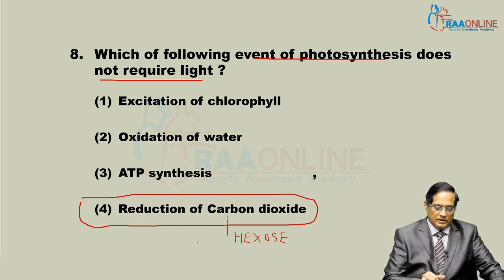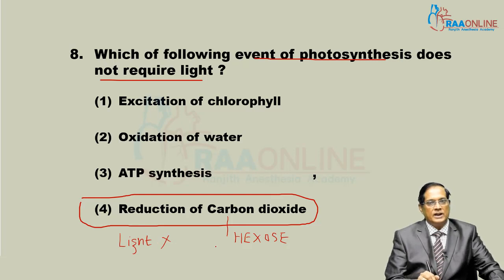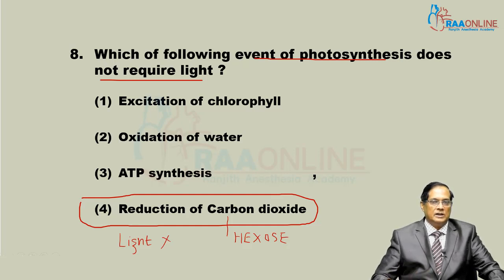For the reduction of carbon dioxide, there is no use of light energy. Light energy is not required directly here. Products of the light phase are required, that is ATP and NADPH2. Otherwise, there is no direct involvement of light energy.